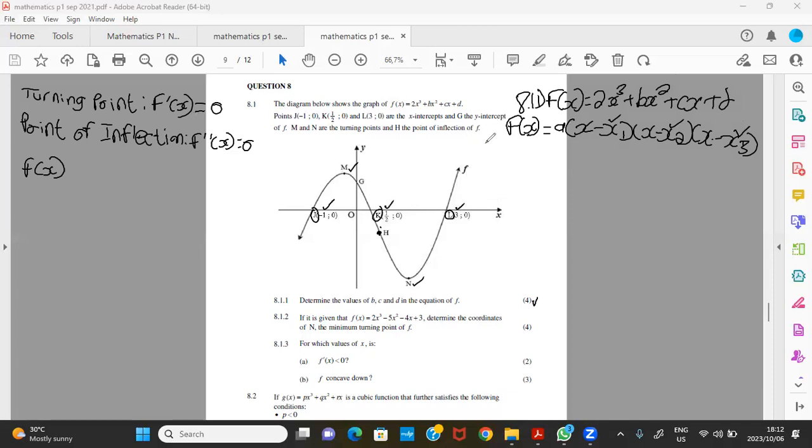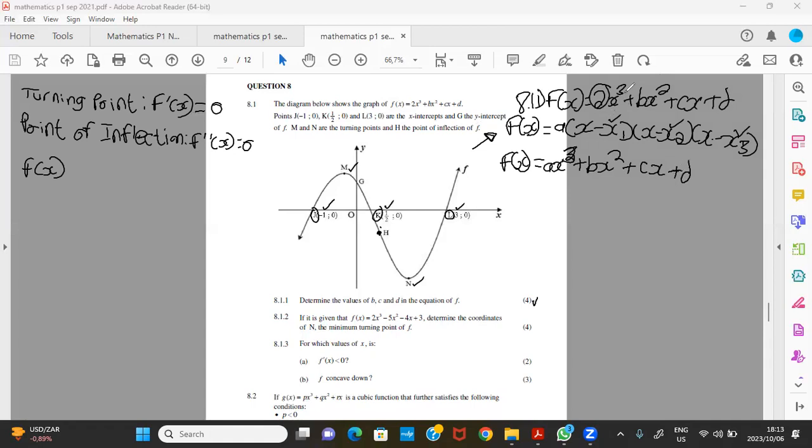So this is one of the ways that I can use to find the equation of my function. Given my x-intercepts and also my value for a, because this 2 here represents my value for a. If we were to write this formula in terms of letters, we would have f of x equals ax cubed plus bx squared plus cx plus d.